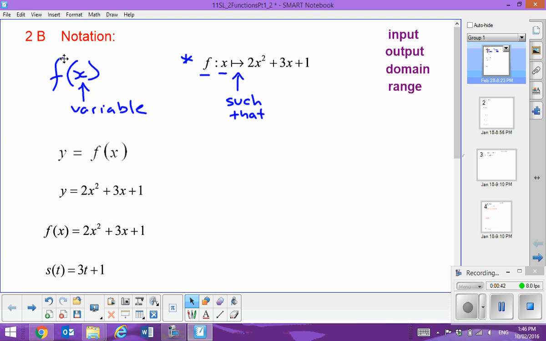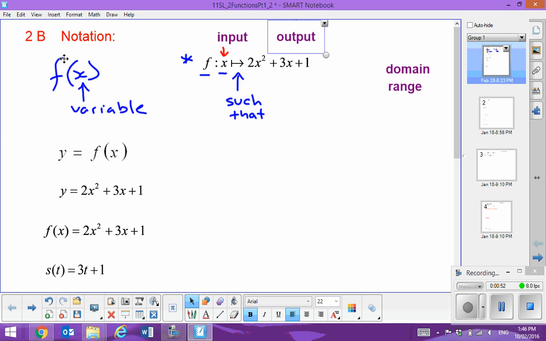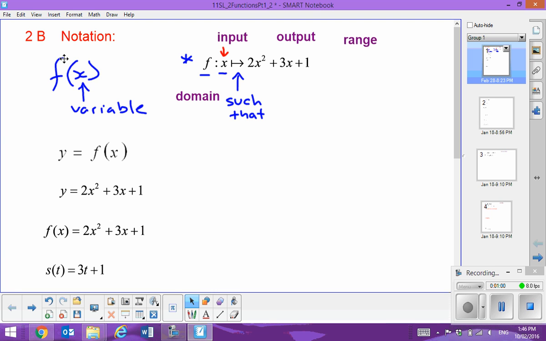So whatever is written on this side is our input, and whatever is written over on this side is our output. So that's corresponding to our domain, which has to do with the x's, and our range has to do with the y's.